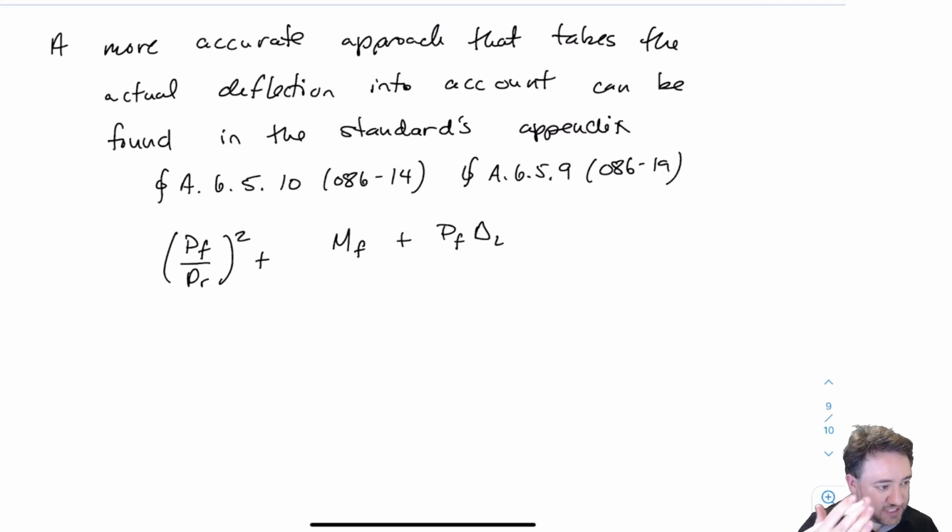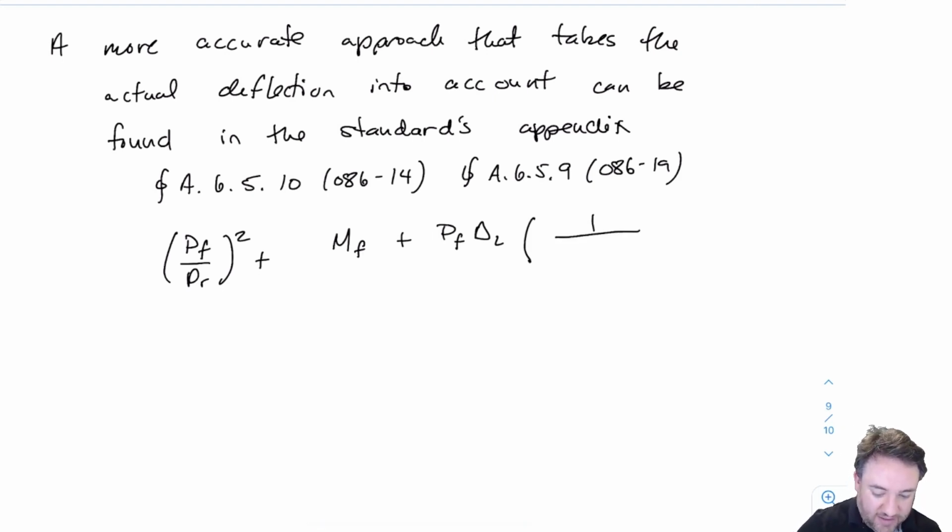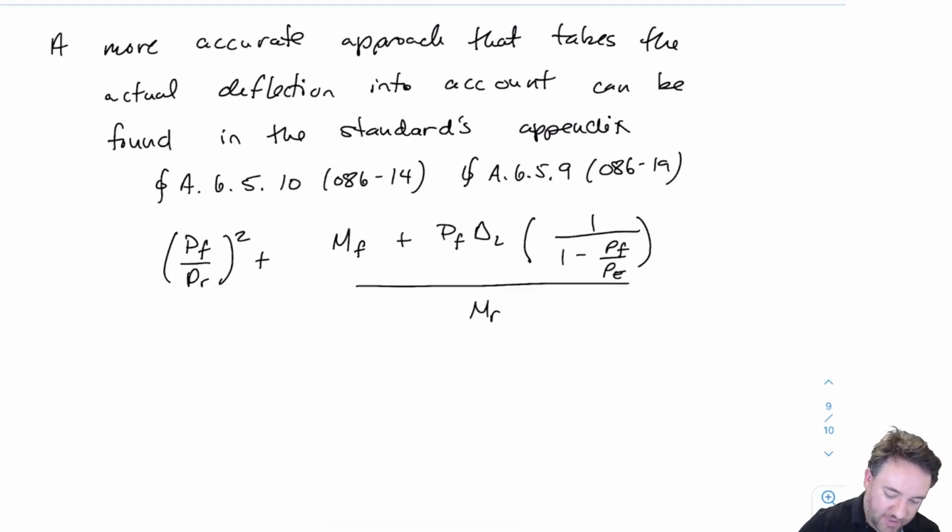Now I have explicitly the applied moment plus the P delta effect. And this delta is something that I have to calculate explicitly. Then I multiply that by the same amplification, PF over PE, and then I divide that whole thing by my MR.